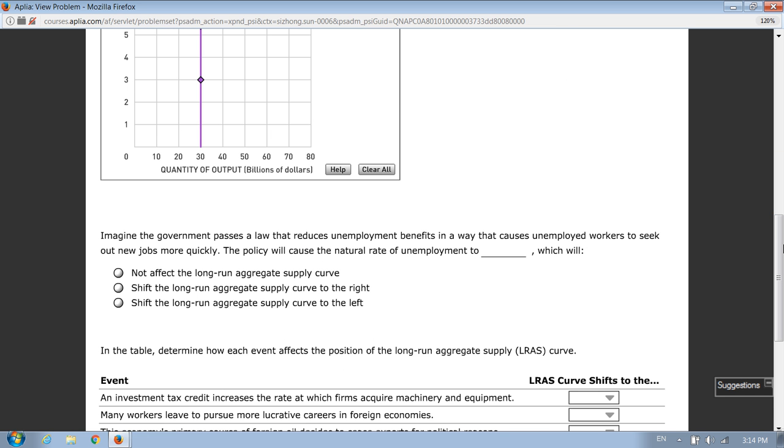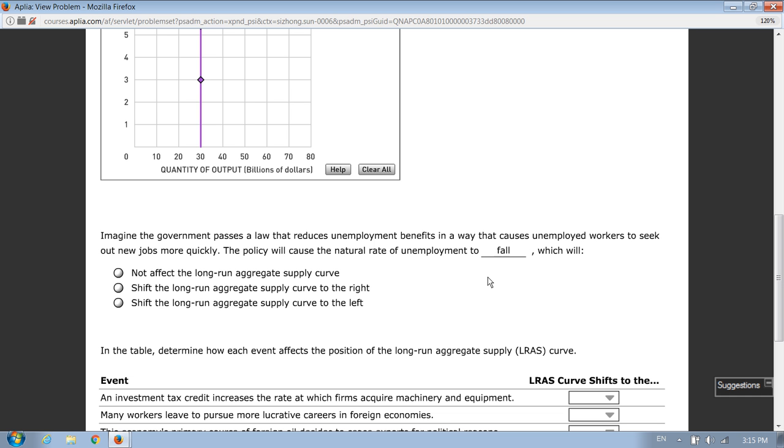Imagine the government passes a law that reduces unemployment benefits in a way that causes unemployed workers to seek out new jobs more quickly. The policy will cause the natural rate of unemployment to fall, for sure, because people will try to find a new job more quickly now.